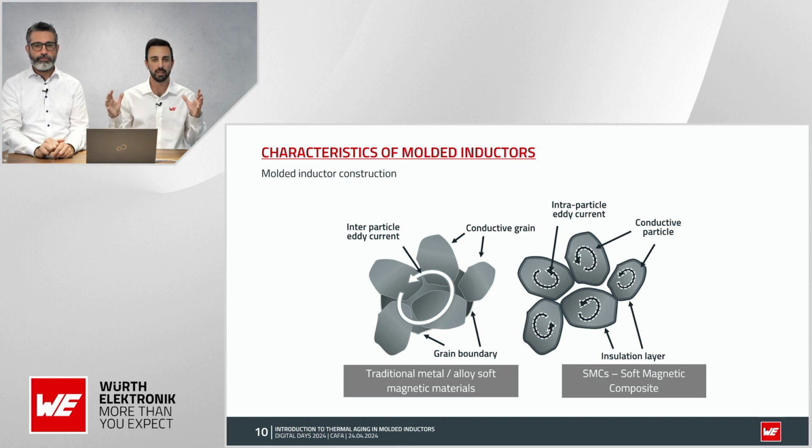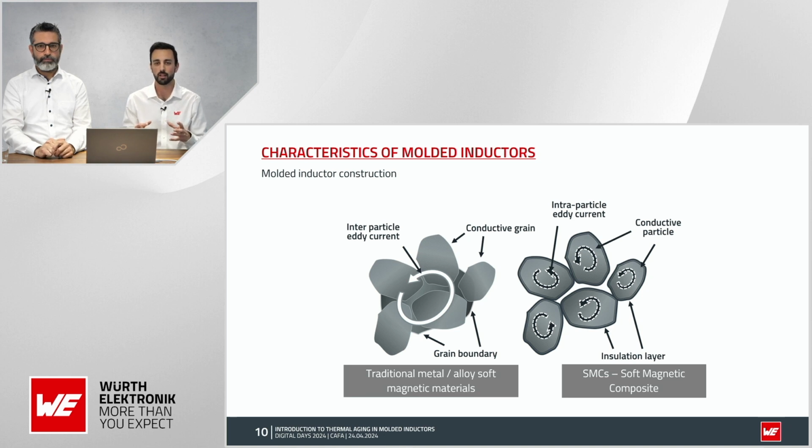So if we build the core just by pressing everything together, we will have a very big domain for these eddy currents to be established inside our core, and our losses will be very high, and it will not be suitable for high frequency applications.